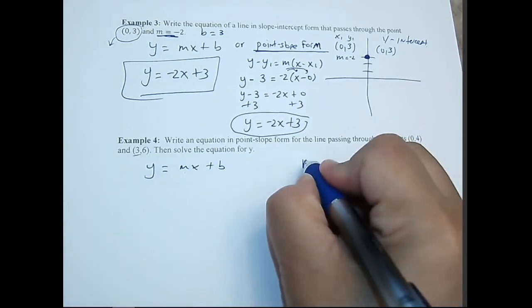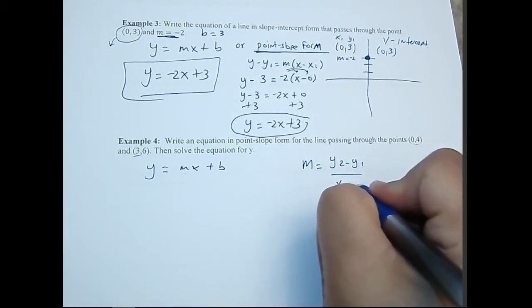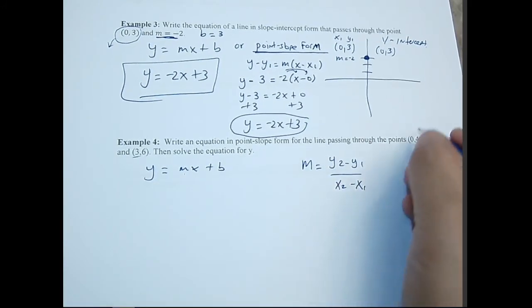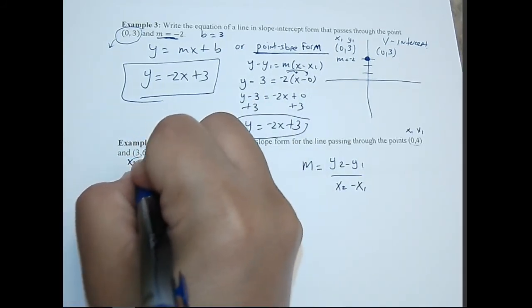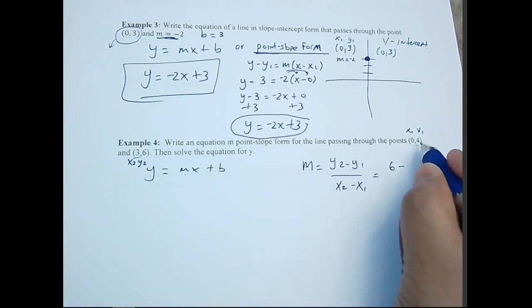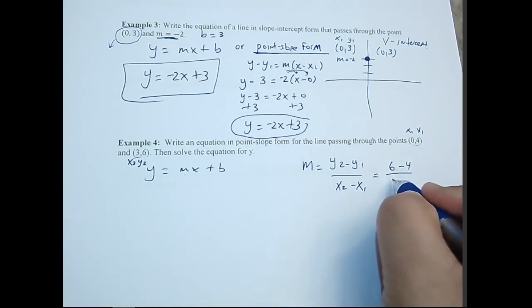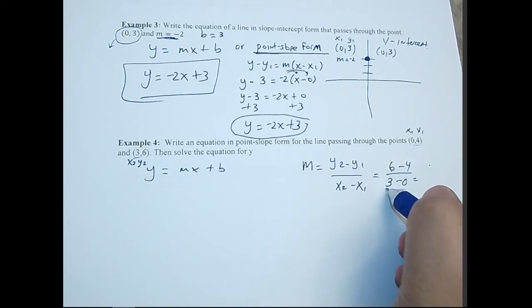So from there, I know that I can use my slope formula to find the slope. Let's call these x1, y1, x2, y2. In this case, y2 is 6, y1 is 4, x2 is 3, and x1 is 0.